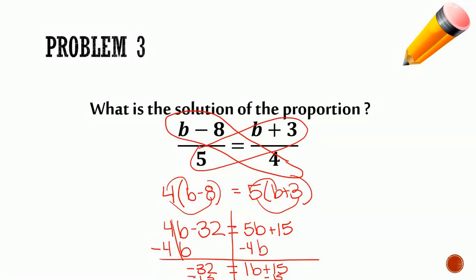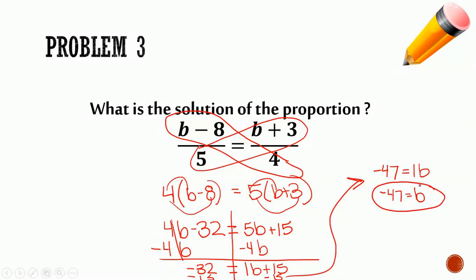Negative 32 minus 15, let me do that quickly on my calculator, is negative 47. So negative 47 equals 1b, which is the same as negative 47 equals b. Found my answer.